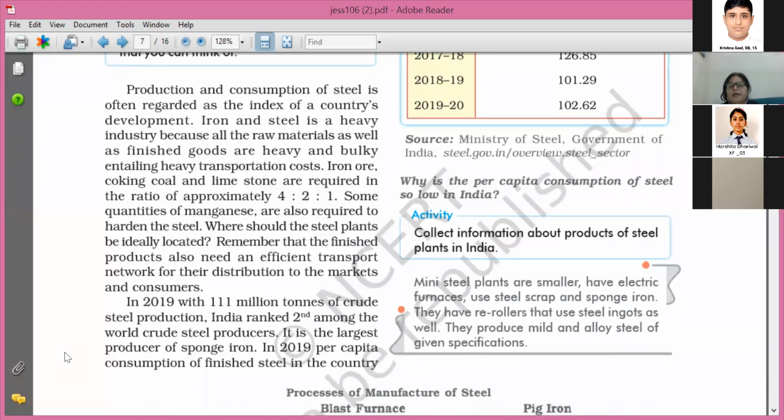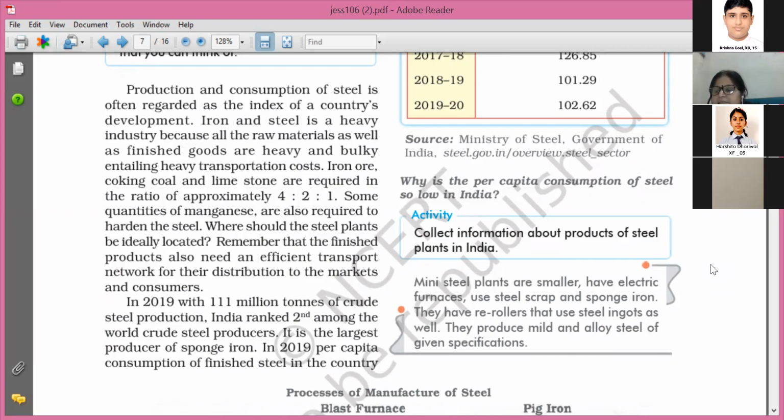Okay. Then there are two types of steel industries. We have mini steel plants and we have integrated steel plants. These are the two types of steel plants that we have. What are mini steel plants?